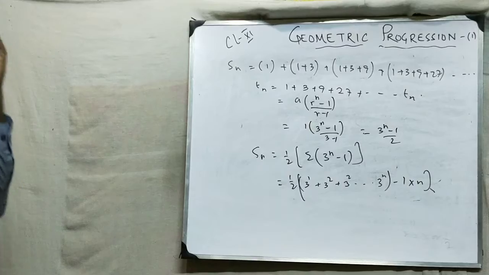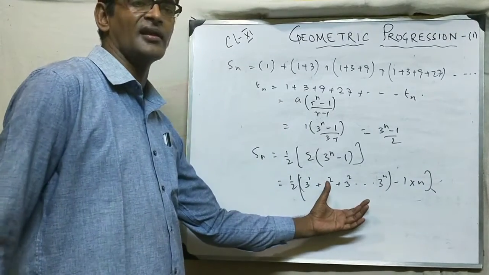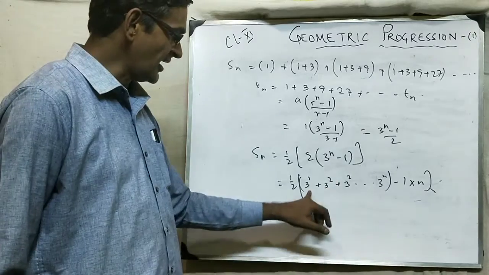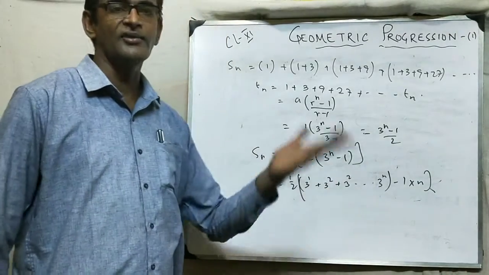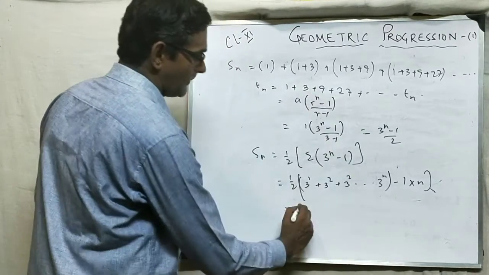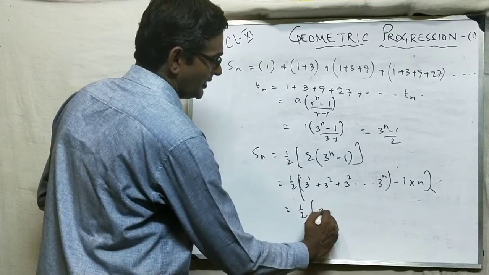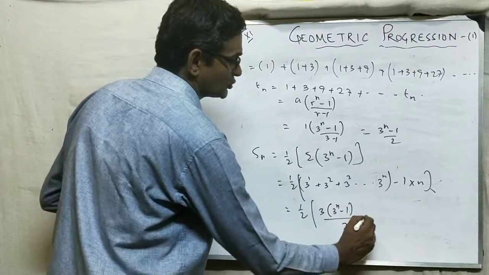Now as you can see, this quantity is a clear-cut GP whose a is 3 and r is also 3. So let us apply the formula: half, (3 to the power n minus 1) by (3 minus 1), that is 2.